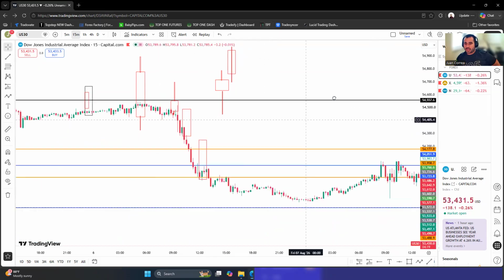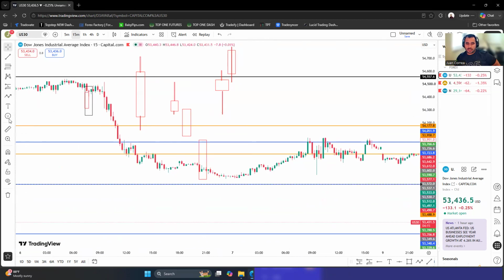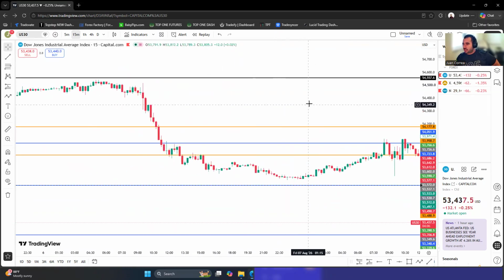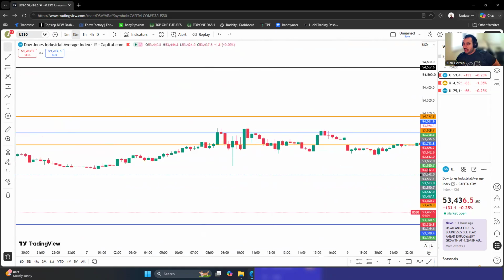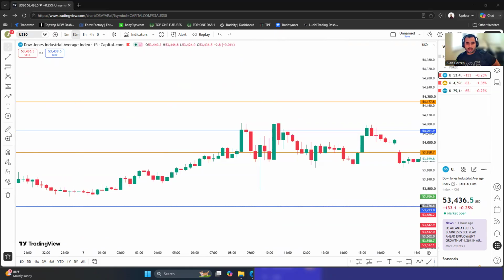Let me try to see if I can find one so you guys can see. Let me erase this. All right, so look, this is one of the candles that I told you about. Let me do this right here so you guys can see.